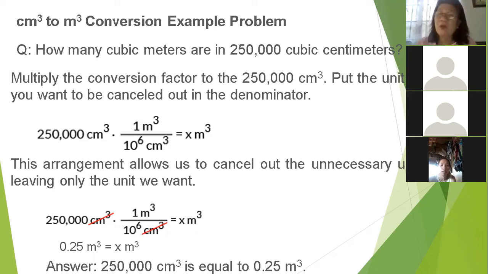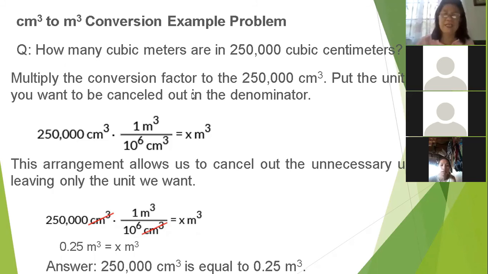So 1 cubic meter is equivalent to 10 to the 6 cubic centimeters.